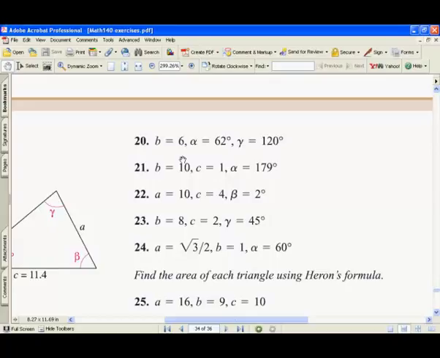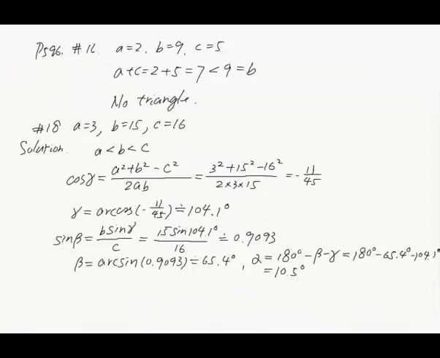And let's go to the whiteboard. So let me copy this problem here. Problem 20: we know the length b is equal to 6, alpha is equal to 62 degrees, and gamma is equal to 120 degrees. You know the sum of the three angles of a triangle is equal to 180 degrees, right?